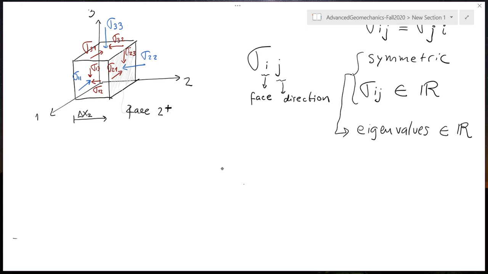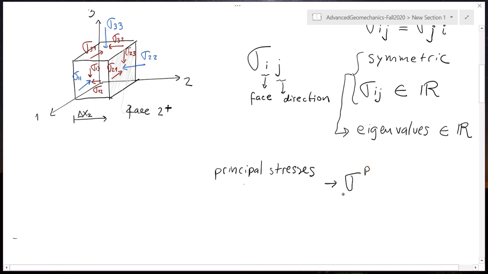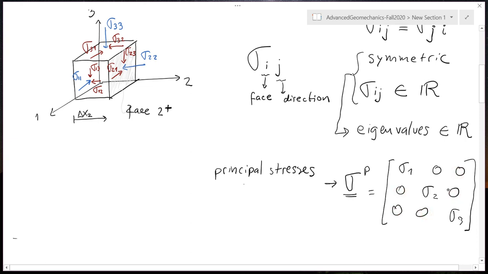And we take it one step further into mechanics, and if we apply this to the stress tensor, this leads to the so-called principal stresses of a matrix. And those principal stresses, let me call this sigma p for principal stresses, are going to be a set of values such that we can write our stress tensor just with three values, sigma 1, sigma 2, and sigma 3, in the diagonal, and all the off-diagonal values equal to 0.